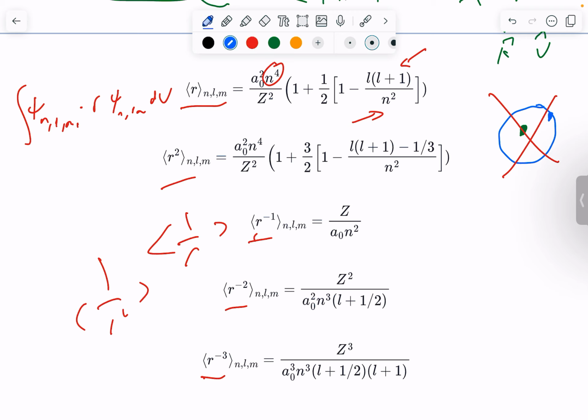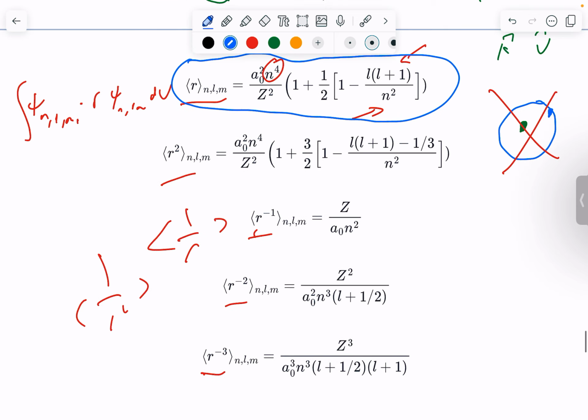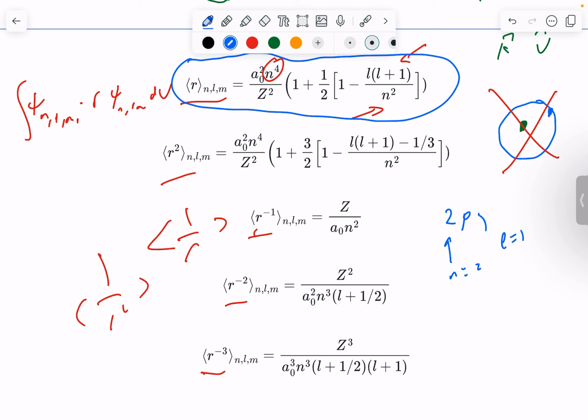But for now, this expression is going to explain a whole bunch of phenomena that accompany the H atom and multi-electron atoms. You can also use this expression to solve some problems. You'll be given this expression in your exam sheets. So if you want to calculate the average distance of an electron in a 2p orbital, all you have to do is grab n equal 2, grab l equal 1, plug into this expression, and you'll have the average distance.